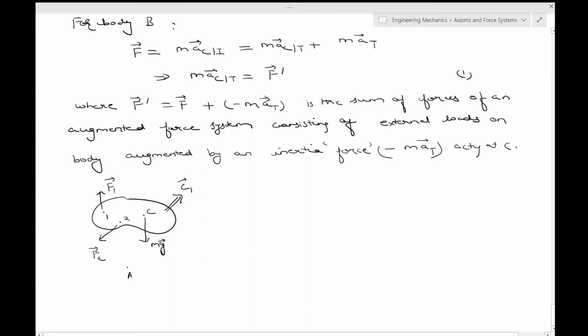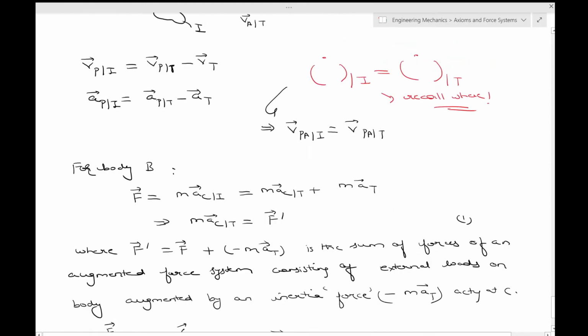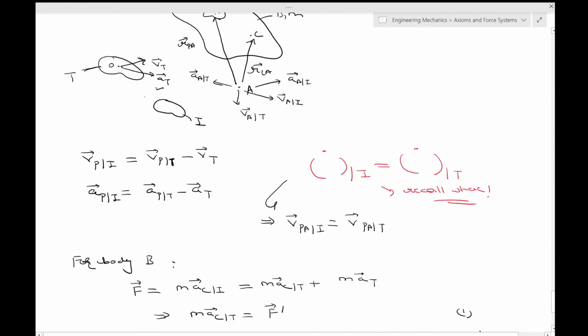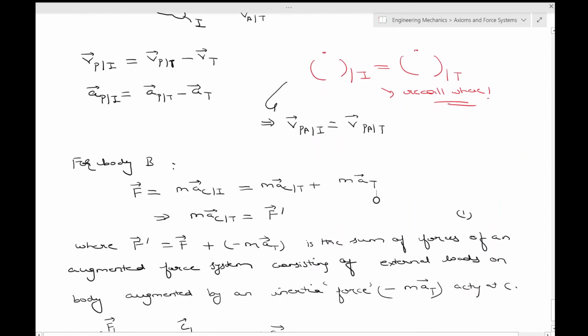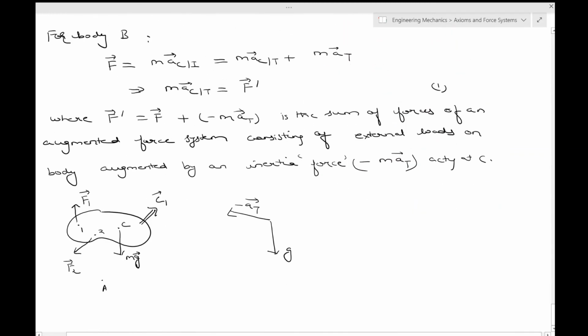So this minus of MAT, you see how we can do that over here. So let's just say this is G, this is minus of MAT, acceleration of T. Since, let me see, acceleration of A is where in my figure, it's like this, okay. So minus of MAT would be here. Okay, and we can say that this is a G equivalent. So the resultant of this G and minus of MAT.